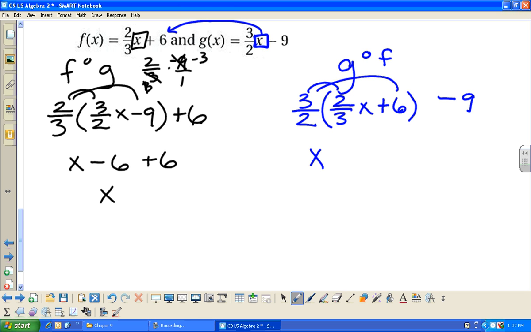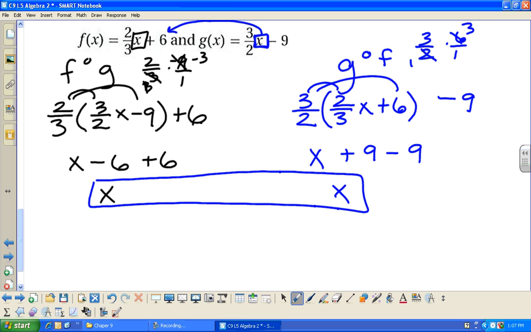I get x, 3/2 times 6 reduces to plus 9, minus on the outside. Since I have both x simplified, it'd be yes. They are inverse functions.